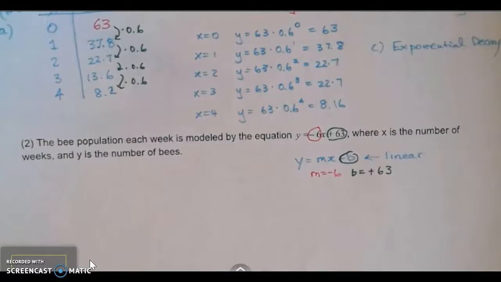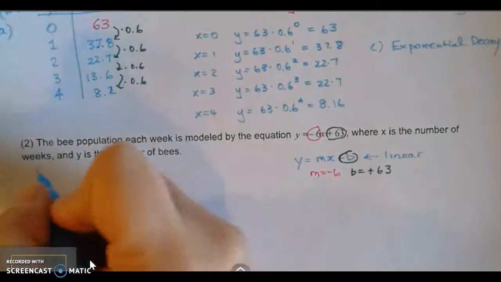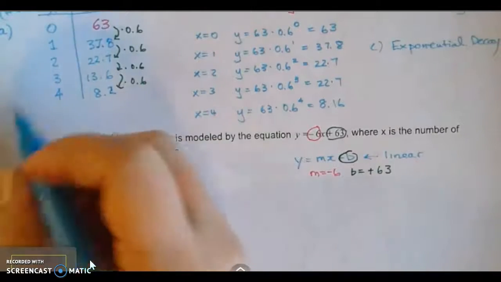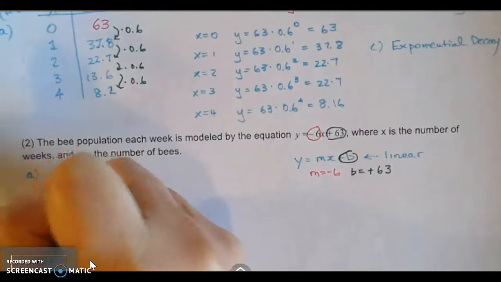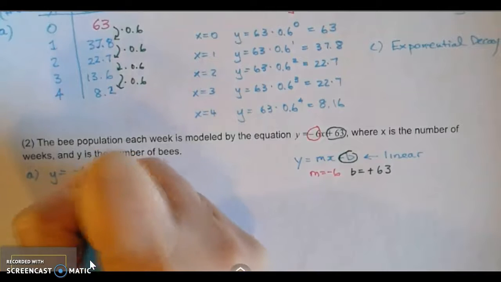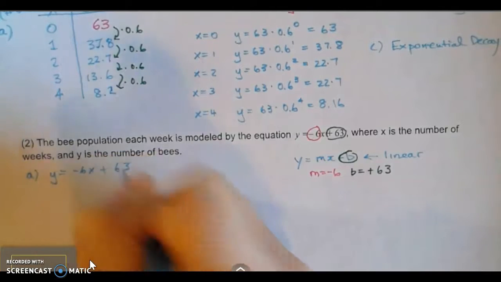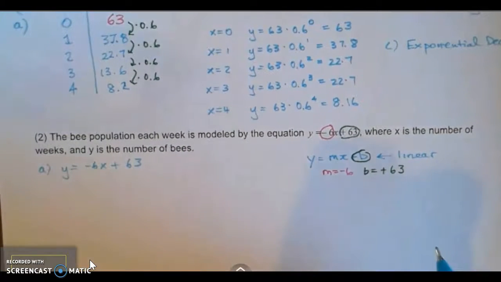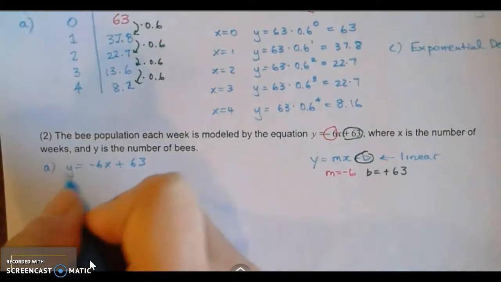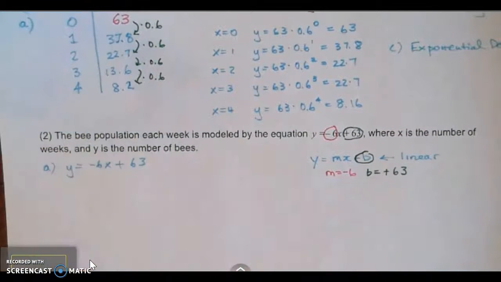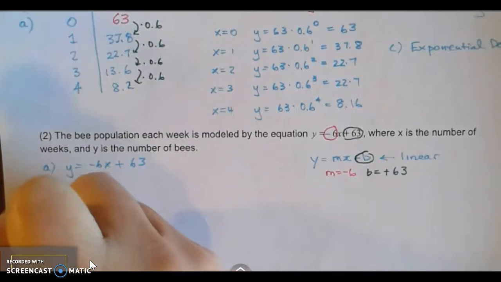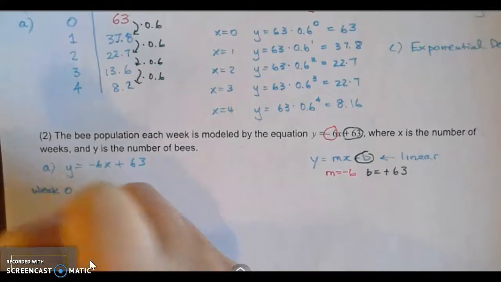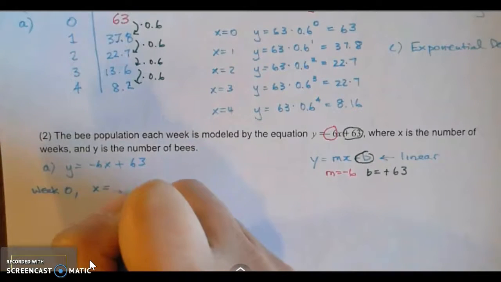Okay, so let's do algebraically first. We know that y is equal to negative 6x plus 63. That's the equation that we were given. And now to figure out what is week 0, when we're talking about week 0, x is going to be equal to 0.